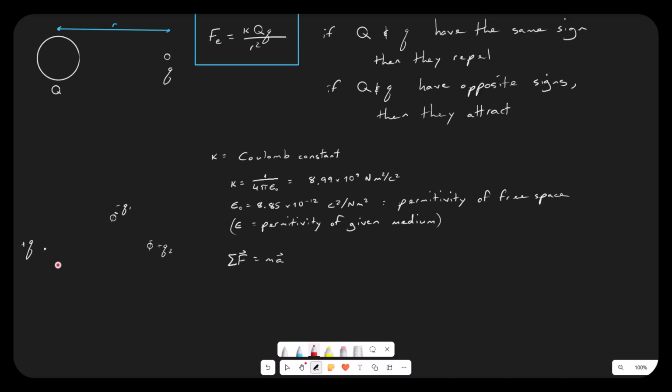Then I could say my force from Q1 is going to be an attractive force. So there's my F1. My force from Q2 is going to be a repulsive force. So there's my F2.